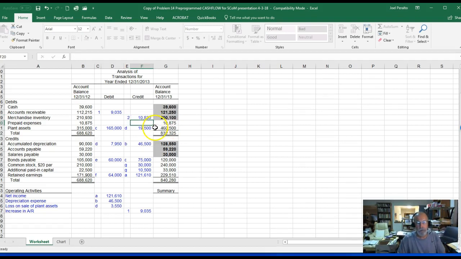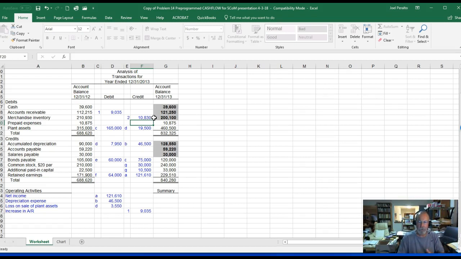Now the opposite is apparent when we look at current assets and whether our current asset account increased, which reflects a reduction in cash, or decreased, which reflects an increase in cash. The theory being that if a current asset like merchandise inventory decreased, the reduction is probably resulting in an inflow of cash.